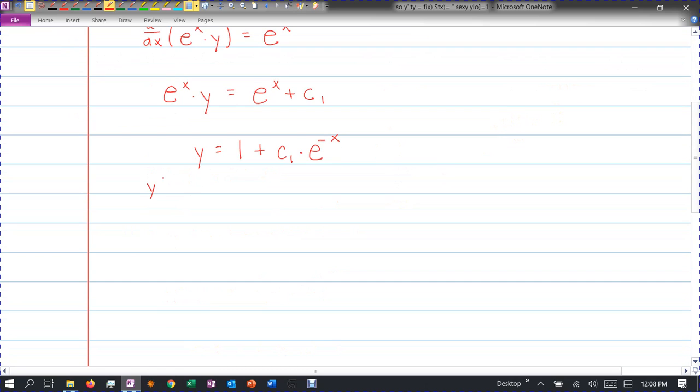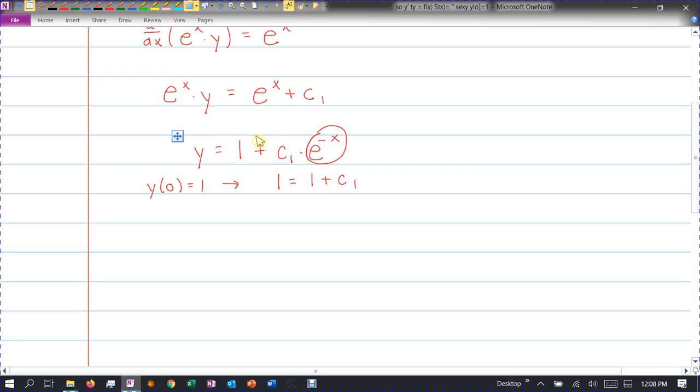So y of 0 equals 1 means that this equation up here becomes 1 equals 1 plus, and again, plugging 0 into this, we should just get c sub 1. So c sub 1 is 0, is that right?